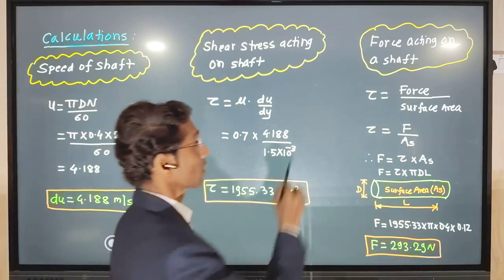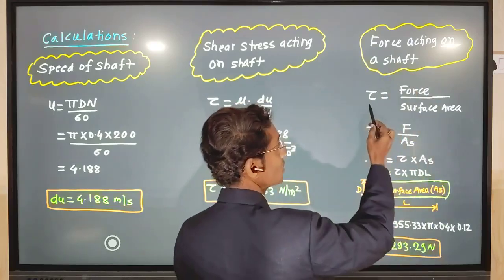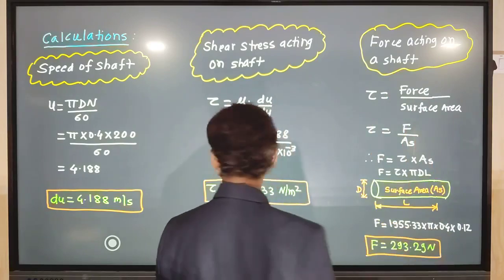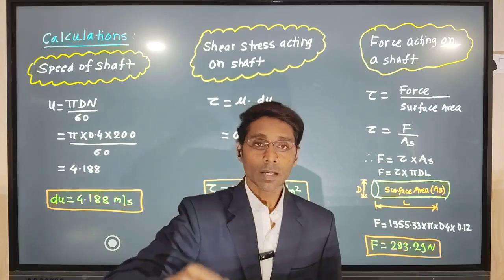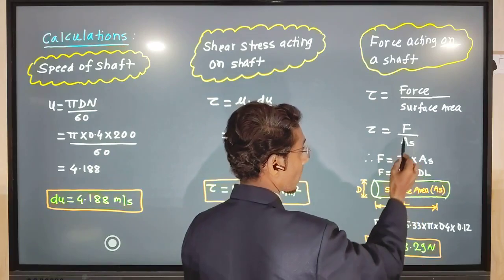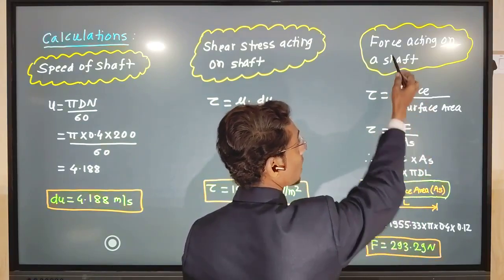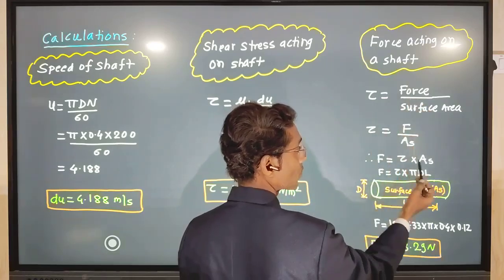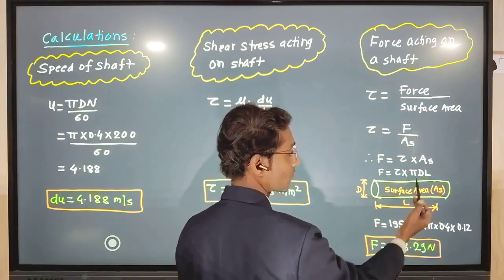Further, to calculate the force acting on the shaft, we know that shear stress is equal to force divided by surface area. Now the surface area is the lateral area of the shaft, A s. We arrange this equation in the form of force: force on the left side, and on the right side tau into surface area. Further, what is the surface area for the cylindrical shaft?